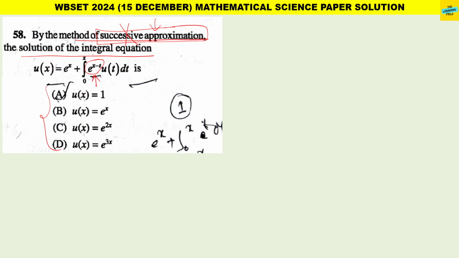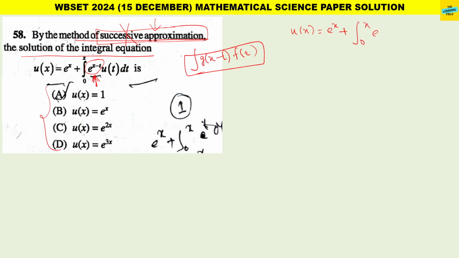If this e to the power x minus t is not given here, this I think you all know that if this is g of x minus t form into f of t, this is of convolution type, right? So this is easy to solve. Whatever process you can apply, you should apply here.